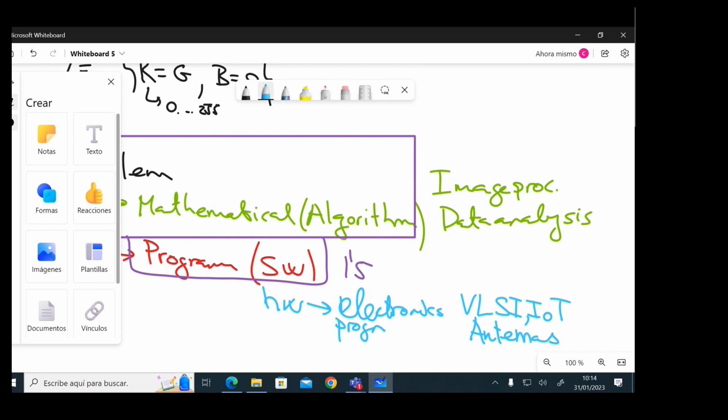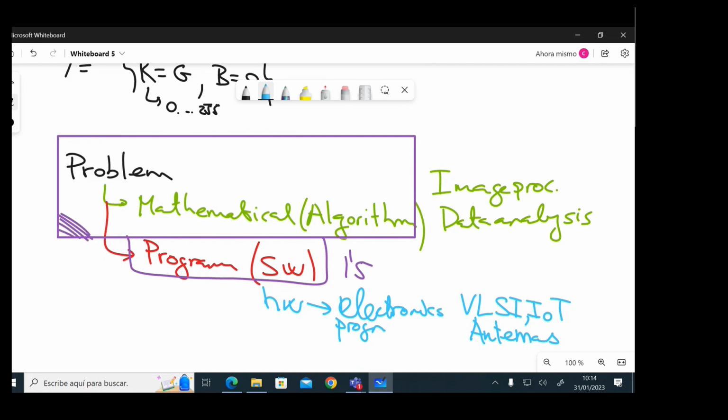It is more dedicated to communications rather than just image processing. They're somehow related. At the end, all these things are processing signals. And an image and a signal are the same. We will learn that tomorrow. So an image is nothing more than a signal. Okay, so this is the course.